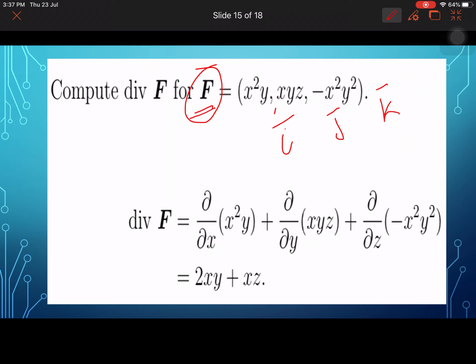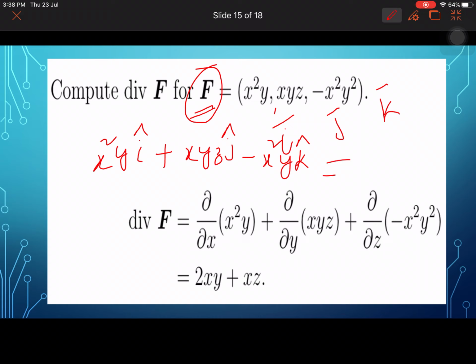What does it mean? This means x square y into i cap plus x y z into j cap minus x square y into k cap.